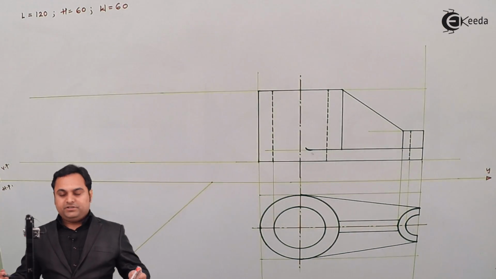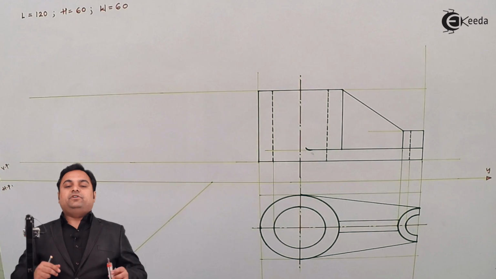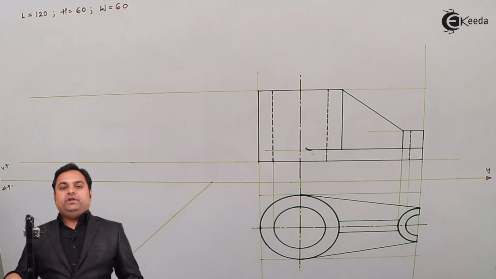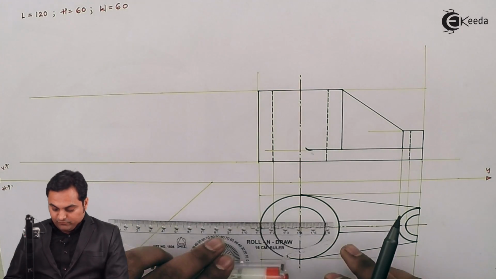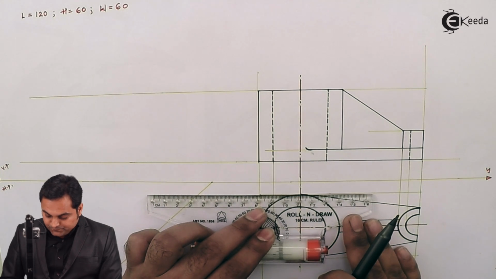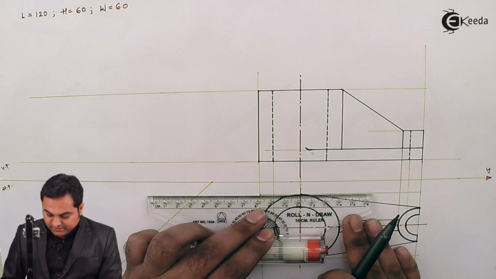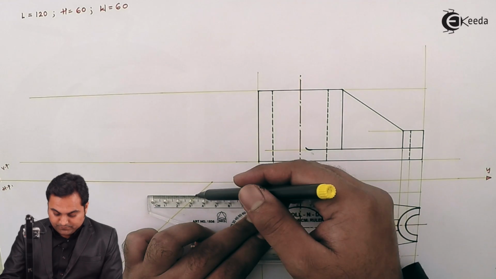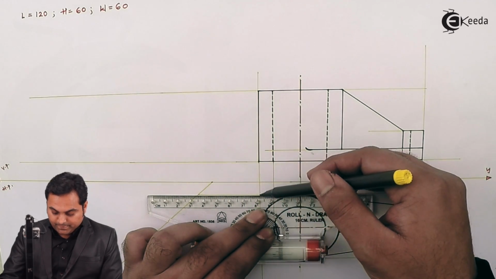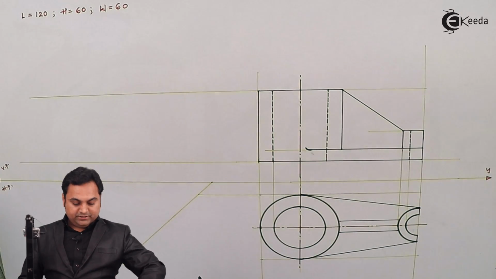So height of the object we can get it from the front view, width we can get it from the top view, and for width I'll extend this line horizontally up to the 45 degree line and then projecting it upwards.